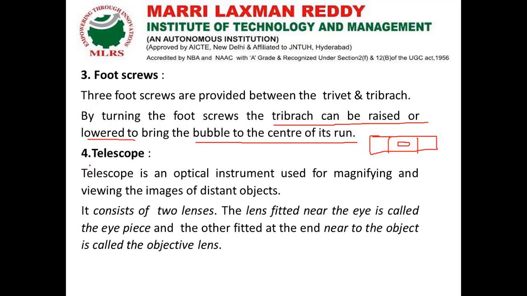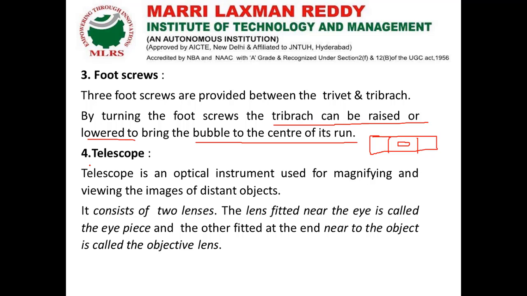And fourth one, telescope. It is an optical instrument which is used for magnifying and viewing the image of the objects which are present in front of the telescope. It consists of 2 lenses. One lens is fitted at the eye position which is called eyepiece, and another lens is fitted near the object, that is called object lens.